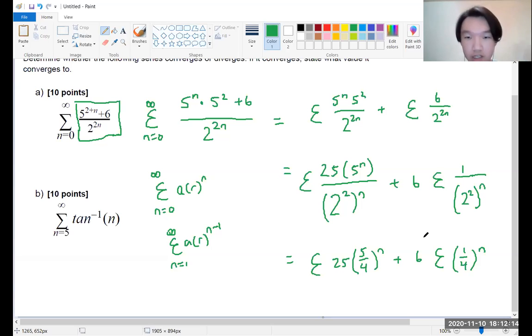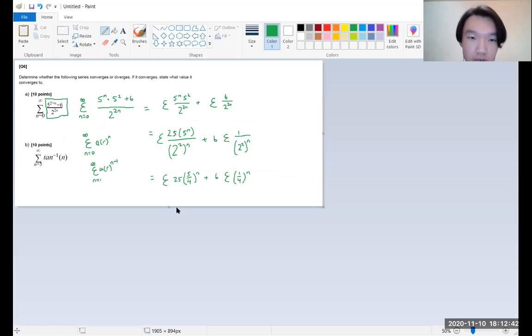So yeah, I think these are geometric series now. Right. So in the first series, 25 is your A, 5 over 4 is your R. And then in the second series, well, the way we have it here, your A is 1 and your R is 1 over 4. But some of you might opt to just leave the 6 inside the summation. In that case, your A would be 6, but it doesn't really matter.